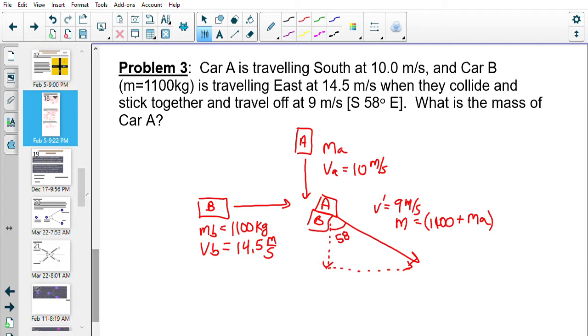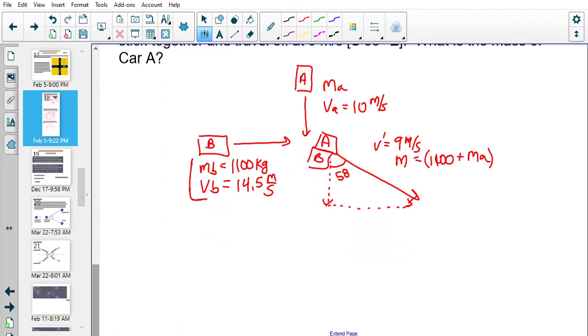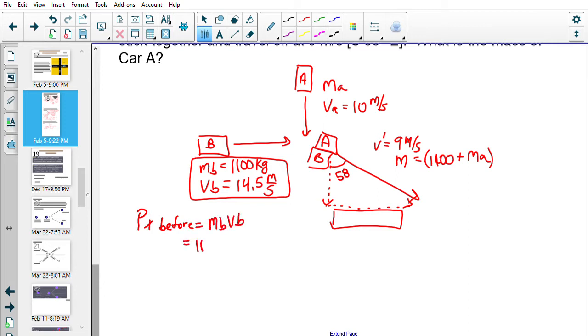Now, to solve this question, I'm going to state basically the momentum in the x direction before is equal to the momentum in the x direction afterwards. So the px before is equal to mb times vb. So that's equal to 1100 times 14 and a half.